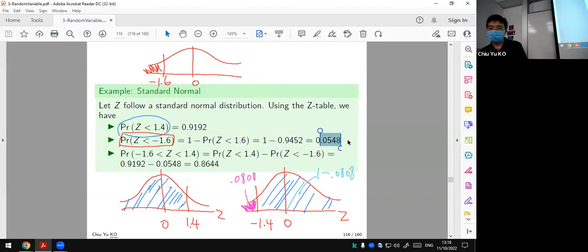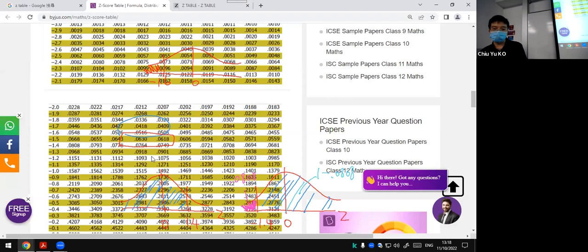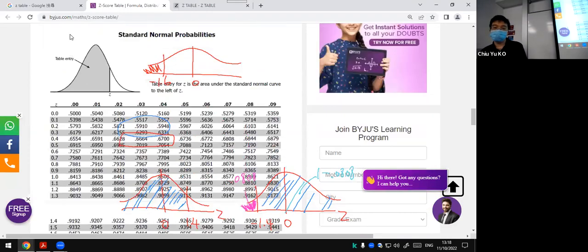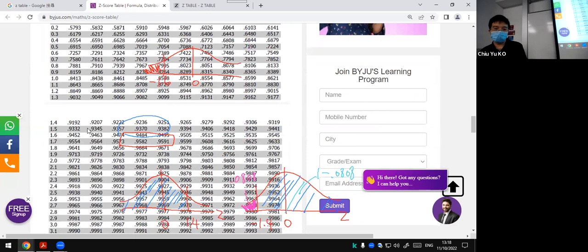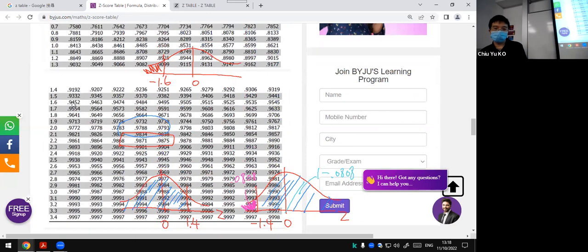And probably you want to ask why I calculate this guy. Because sometimes you have this table, not this one but this guy. If it's this guy, then you have to look at negative 1.6 and subtract. So that's why you have 0.9452 here.